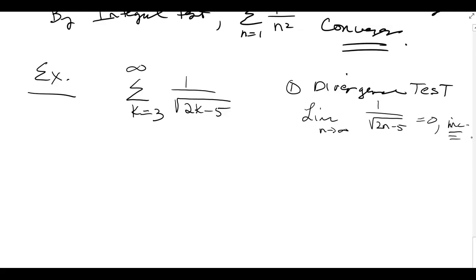And if you were taking a test and you came across this, I'd expect to see that written down somewhere, because you should always just start with your divergence test. Because if it didn't equal 0, you're done with the problem and you can move on to the next problem. So I would expect to see this on a test.